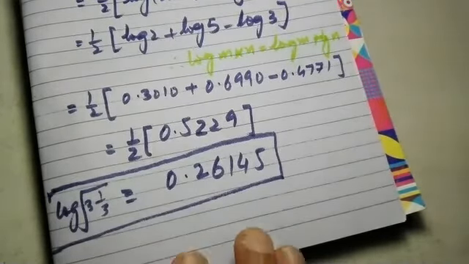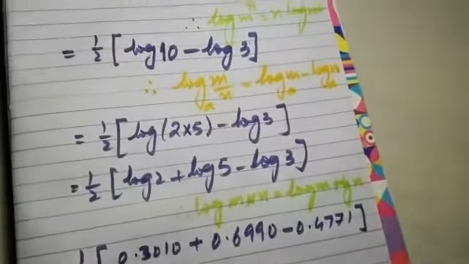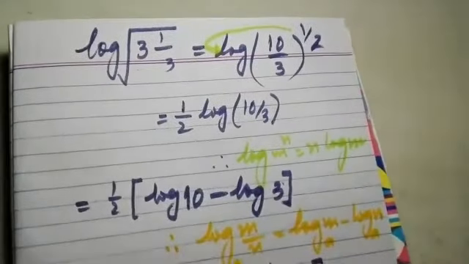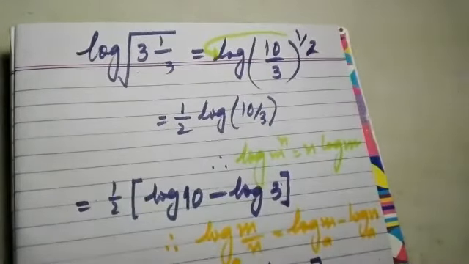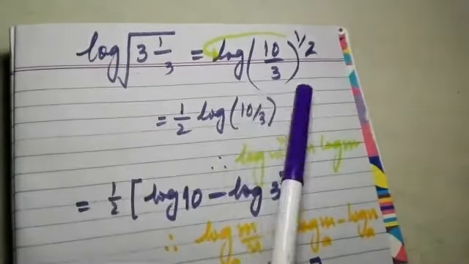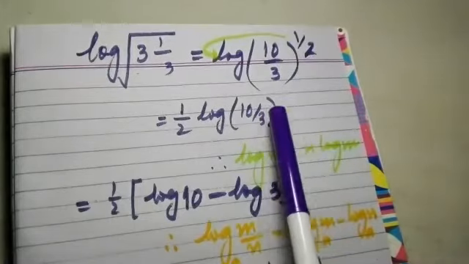If I summarize quickly how I performed this question: from the very beginning, this is the statement of the question. I converted the given expression, which was in the mixed form of a fraction, into an improper fraction, 10 by 3, with exponent 1 by 2.